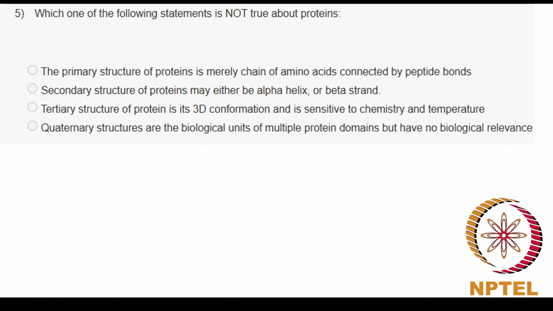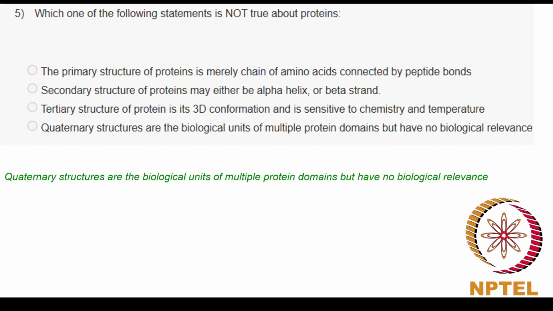Okay, so the answer for this question is quaternary structures are the biological units of multiple protein domains but have no biological relevance. Okay, so the other three parts: the primary structure of protein is merely a chain of amino acids connected by peptide bonds. When we talk about the secondary structure, it can be alpha helix or beta strand.